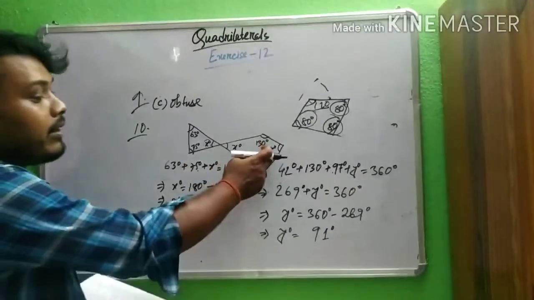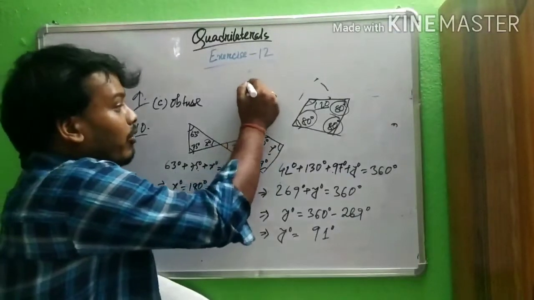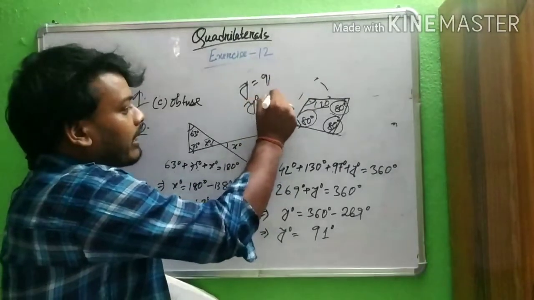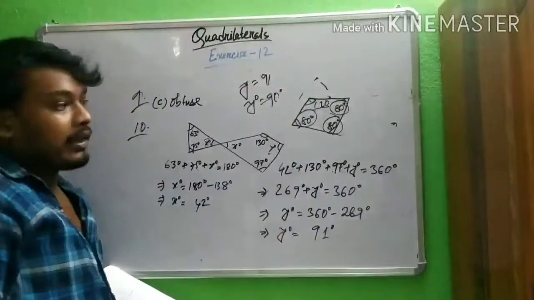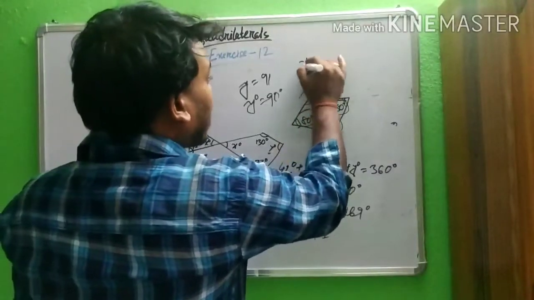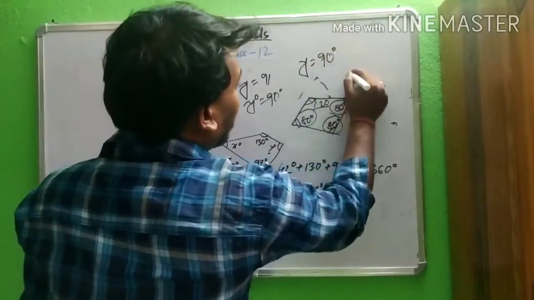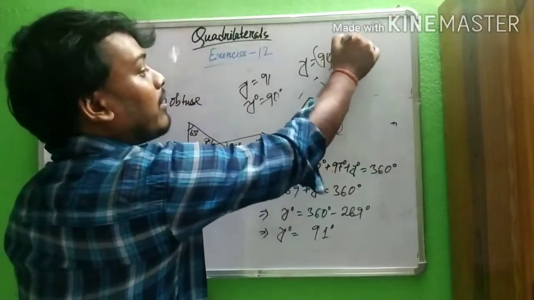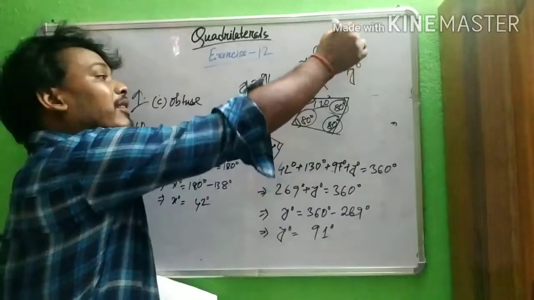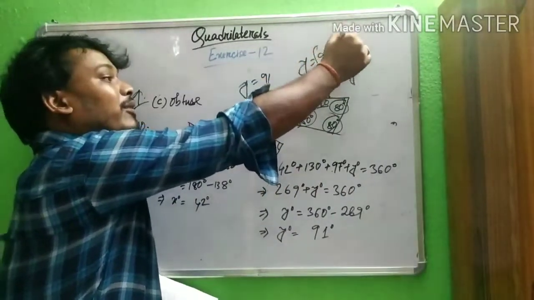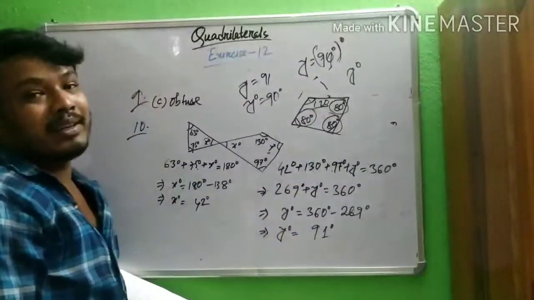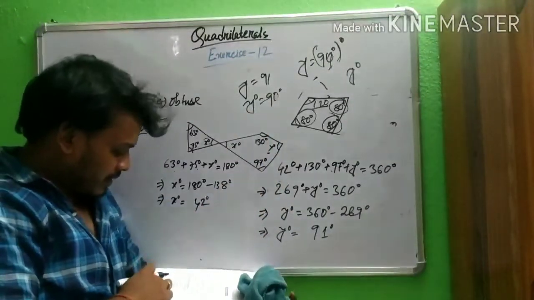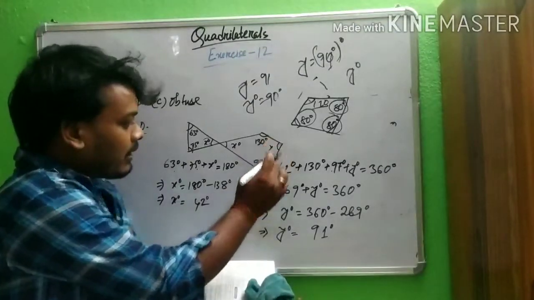Y degree is given. If the value of Y is 91, then Y degree would be 91 degree degree, which makes no sense. So logically the question is not correct, but if here only Y is there, then okay.